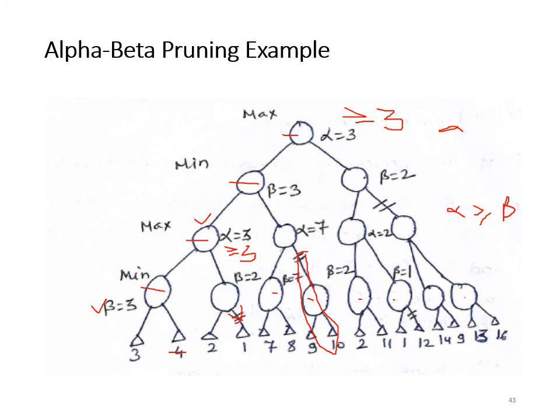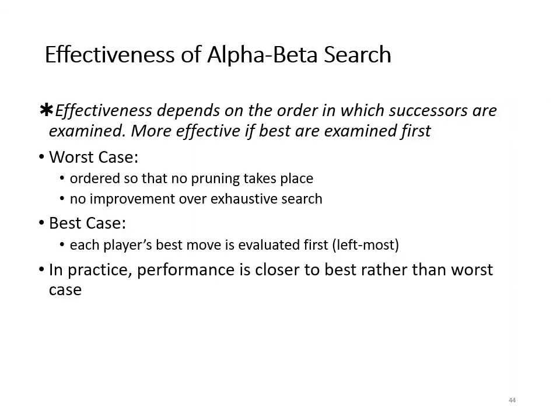So finally alpha's value will be 3 here. So you need not explore this branch. So various cutoffs here. So time complexity will be reduced.